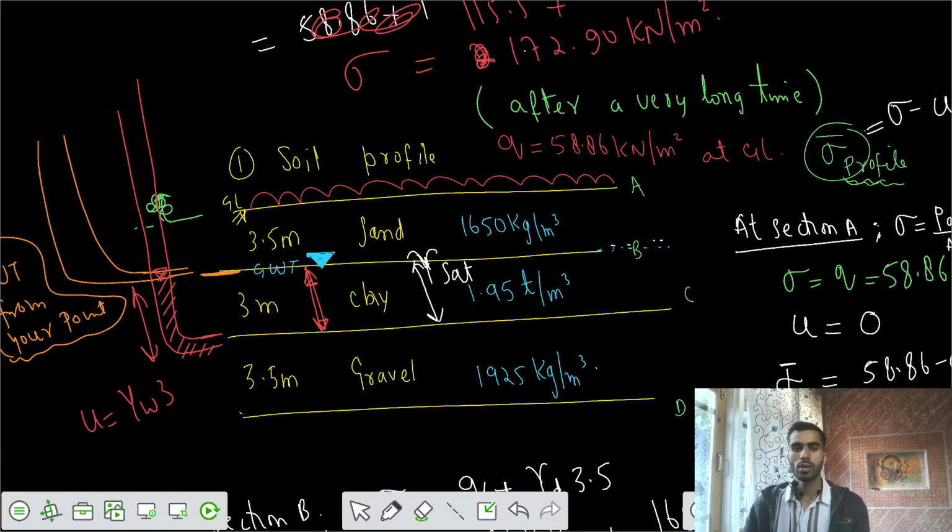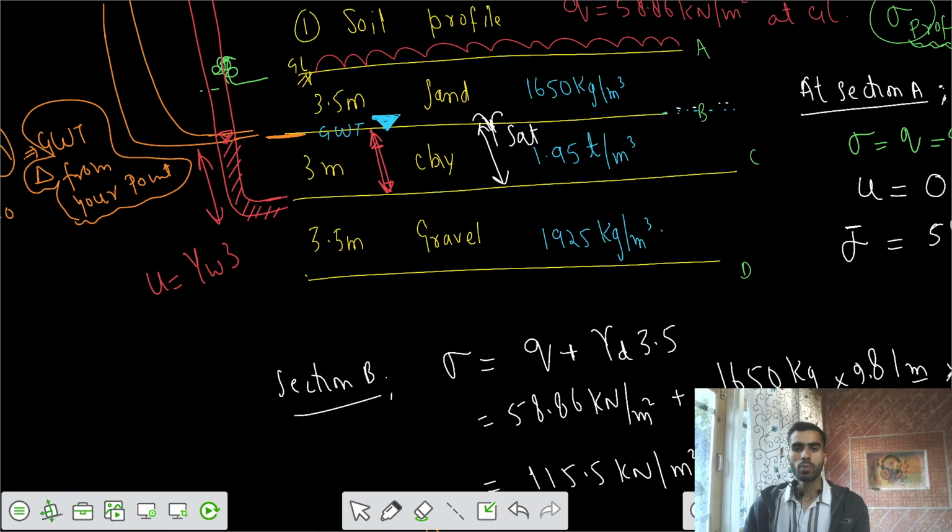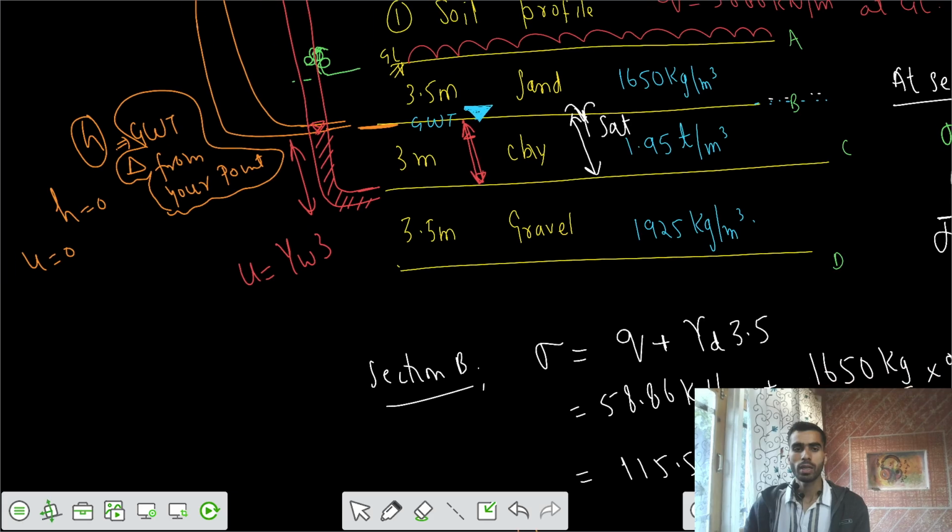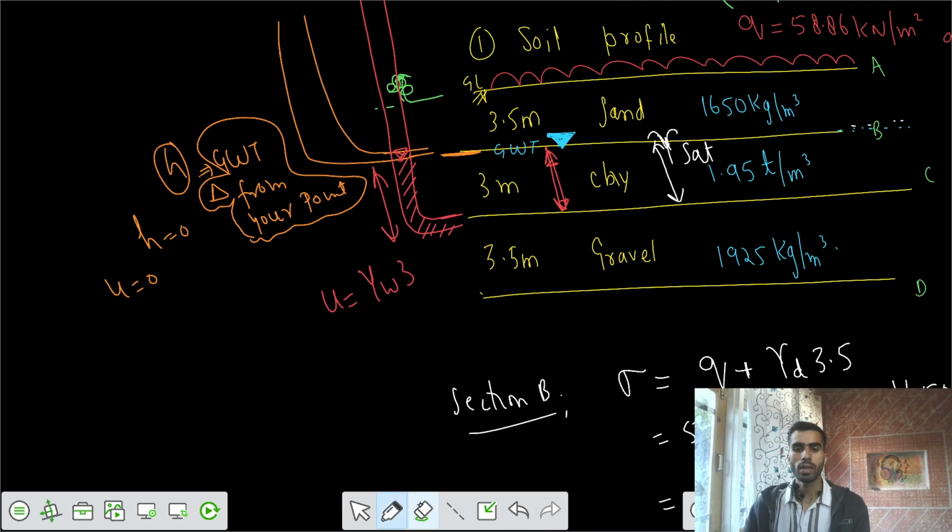Now, finally, what is the total stress at the point D? We need to calculate the total stress at the point D. That would be the weight above that point D divided by the area of the cross section. The stress is contributed by Q plus gamma dry of that sand for the height of 3.5 meters, plus one more stress because of the clay layer.